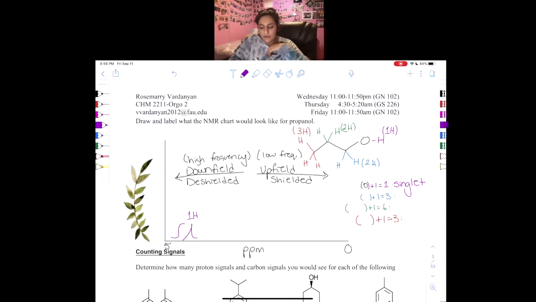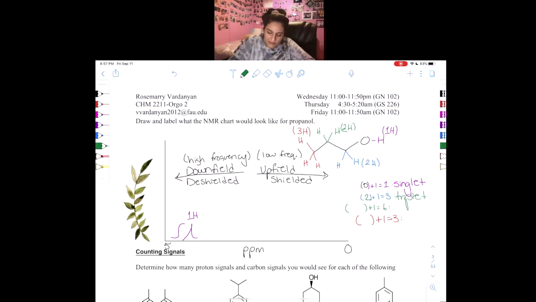Next up, we have the blue hydrogens. The blue hydrogens have 1 bond length, 2 bond lengths, and 3 bond lengths. So they have 2 neighbors, the neighbors that are the green hydrogens. 2 plus 1 is 3, which is going to be a triplet.